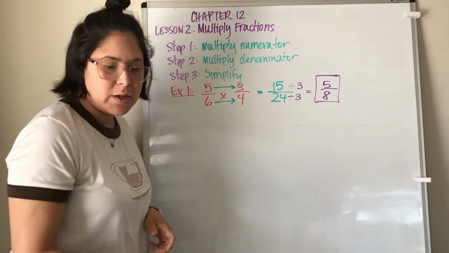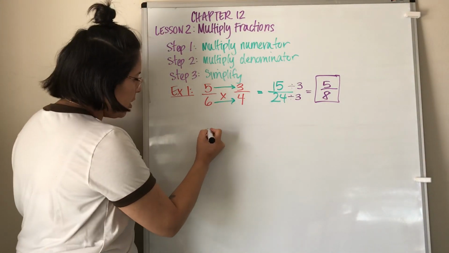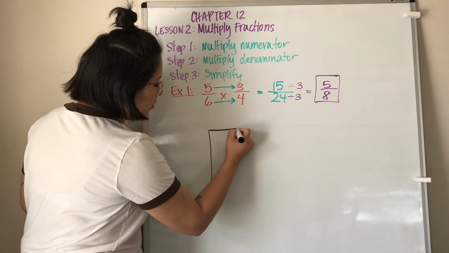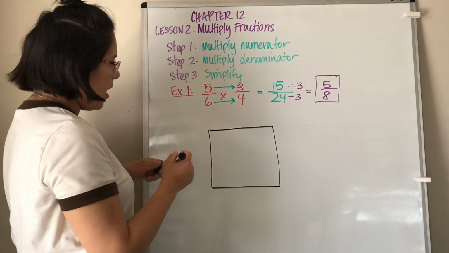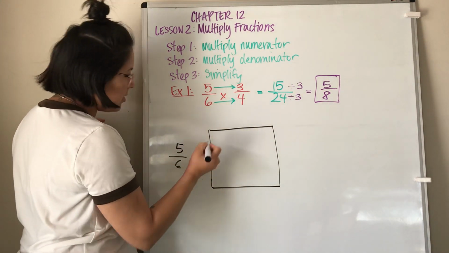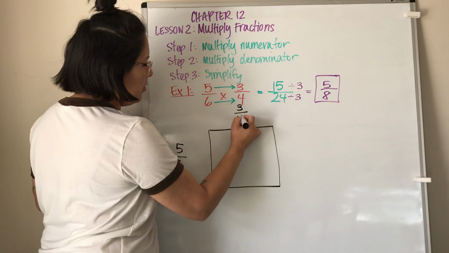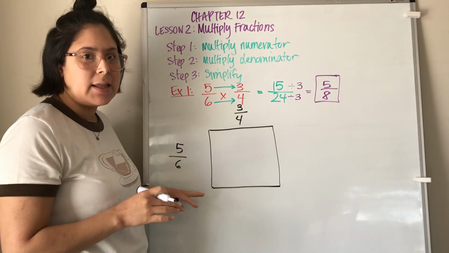Okay, so let me do this using the squares, and I'm going to show you why this works. Okay, so remember, step 1 was to draw a square. Okay, and then I'm going to pick a spot for 5/6. I'm going to do the 5/6 on the side, and then the 3/4 on the top. Okay, so 5/6. What is that telling me to do?